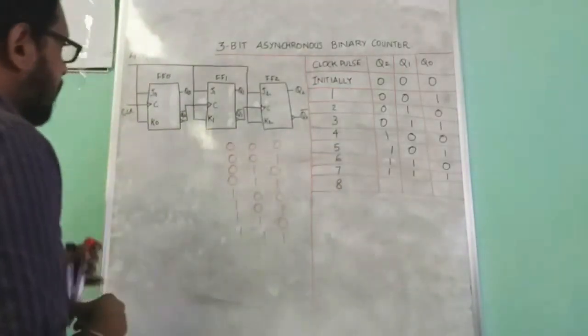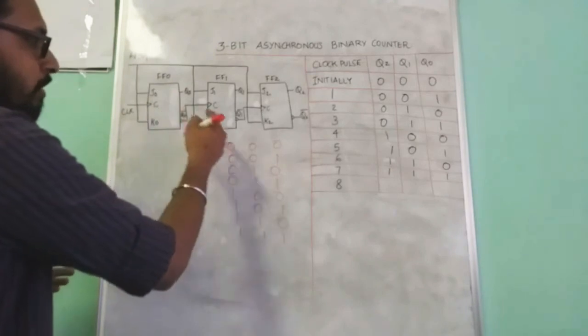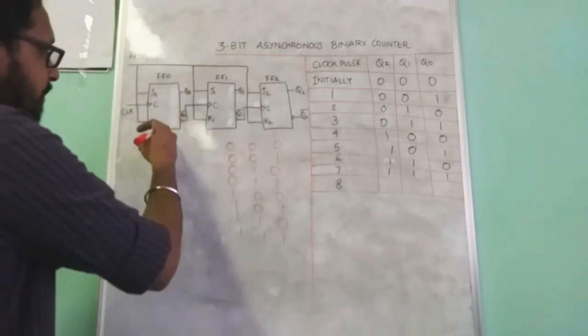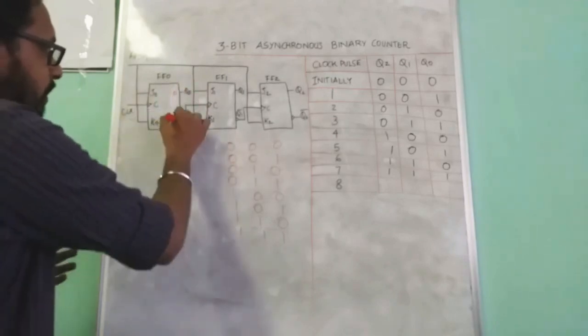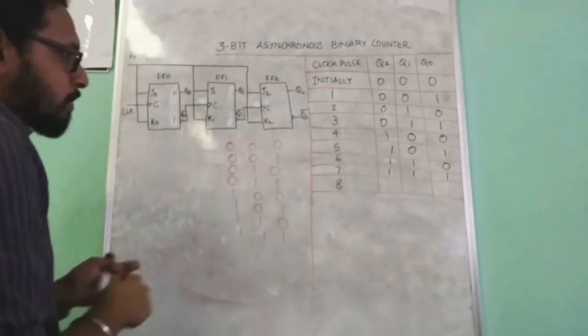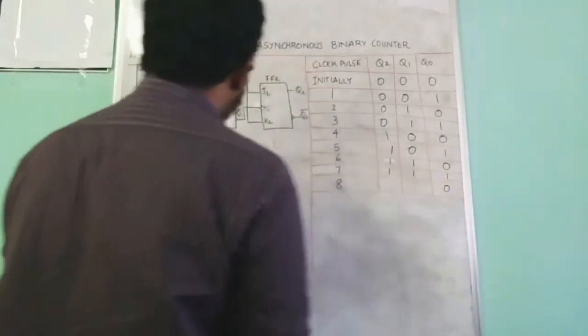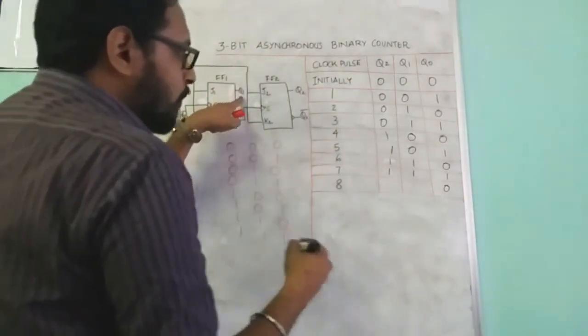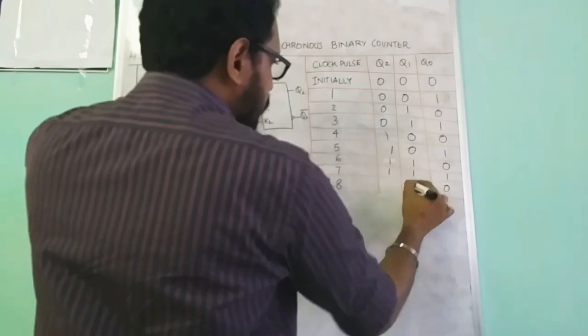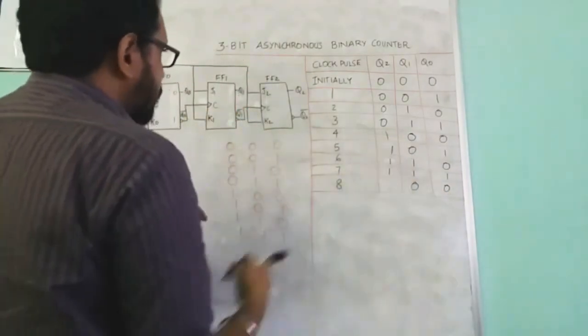Next, giving the positive edge, Q0 becomes 0, the bar becomes 1 obviously. So 1 means there will be a change. What is the value of Q1? It was already 1, it becomes 0.